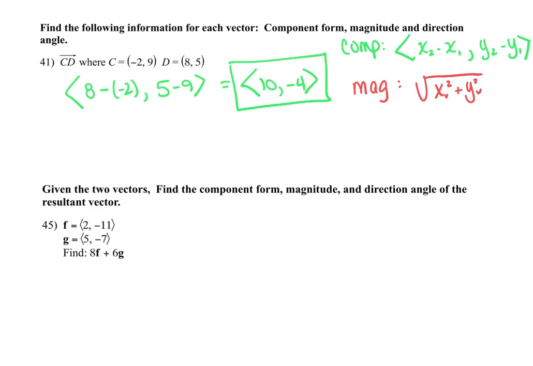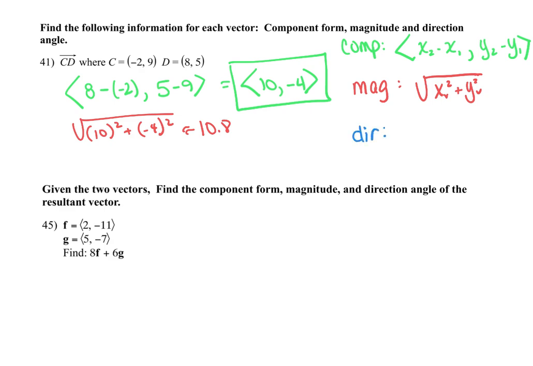And this wants you to round to 1 decimal place for the magnitude as well. So for the magnitude of this one, I'm going to say the square root of that 10 squared plus that -4 squared. And I'm going to get approximately 10.8 there. 10.8. And then direction.